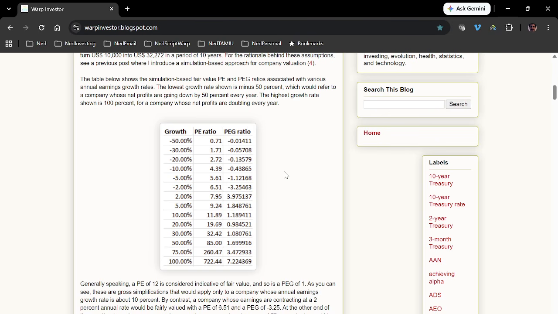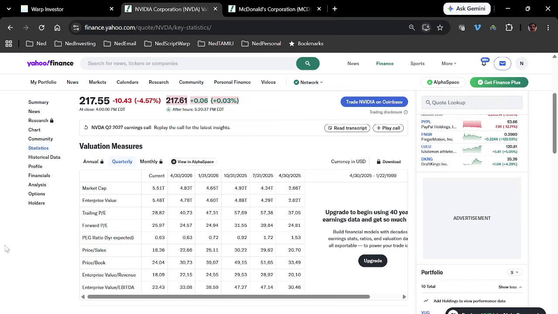So let's see how this looks in connection with some stocks. I am now on Yahoo Finance, and this is the entry for NVIDIA. Based on our table, let's see if the PE ratio for NVIDIA is indicative of it being too expensive or properly priced.